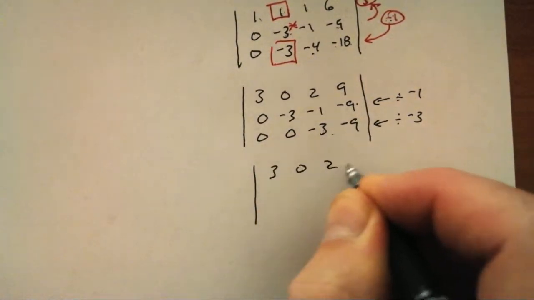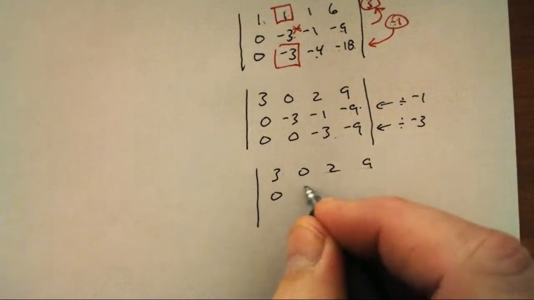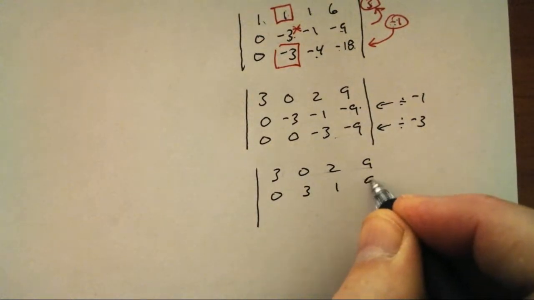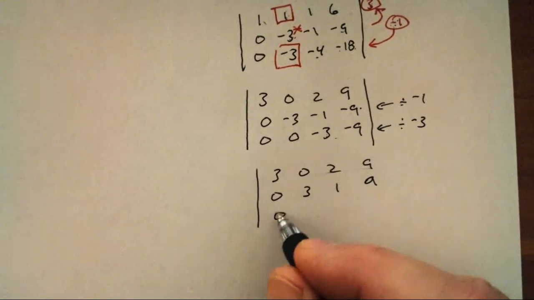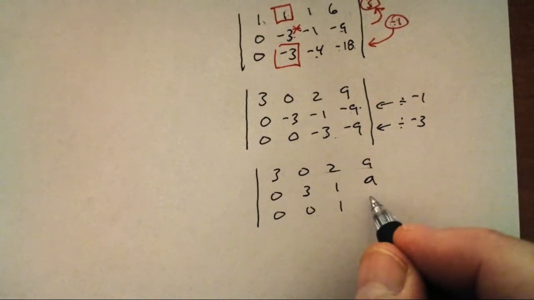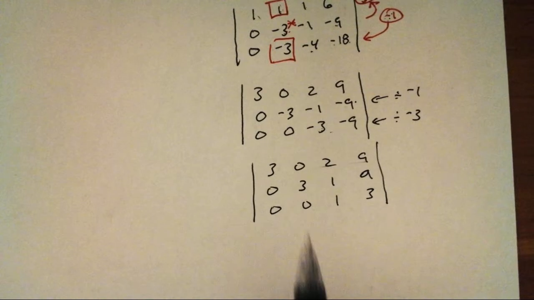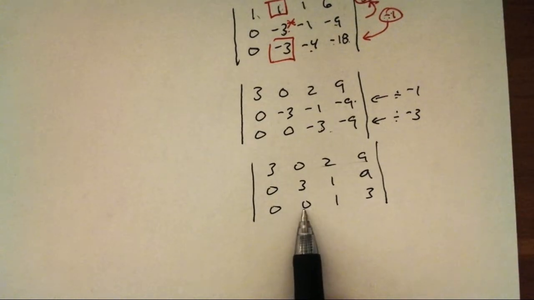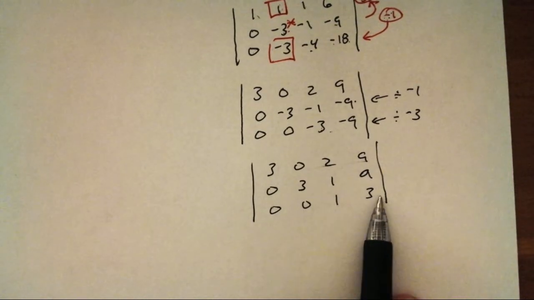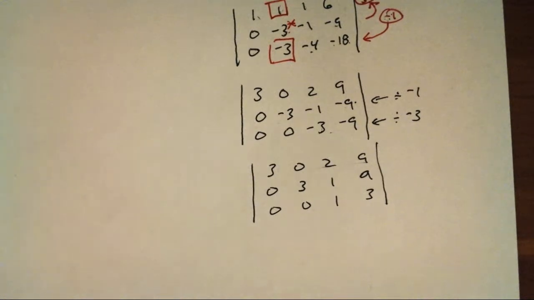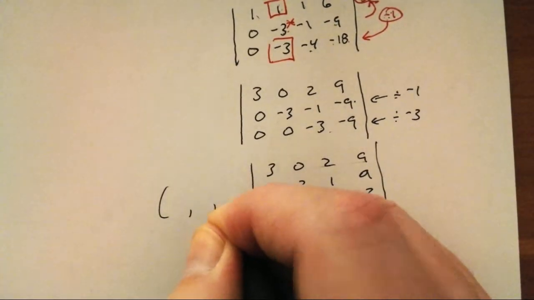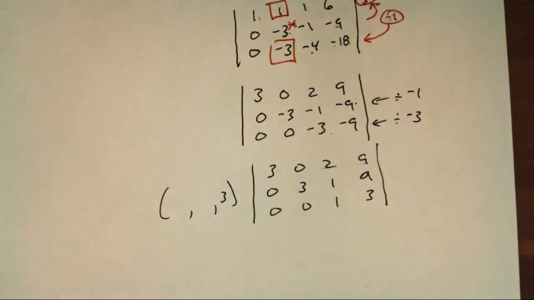So 3, 0, 2, 9 divided by negative 1, 0, 3, 1, 9, divided by negative 3, 0, 0, 1, 3. And hopefully you recognize what we just learned was that 0x plus 0y plus 1z equals 3. Z is 3. My final answer is going to include a 3.